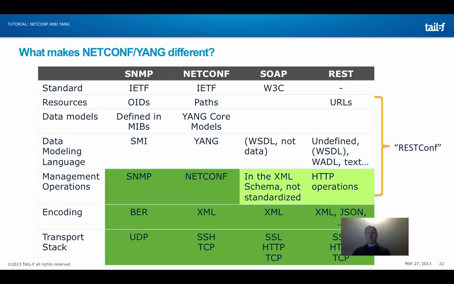So not a binary sort of OID, but /interfaces/interface/eth0 again. So that's an obvious improvement for humans. Data models, there are starting to appear some core data models from IETF, and of course vendor-specific data models. And the data modeling language is Yang, of course, and it's carried over Netconf.